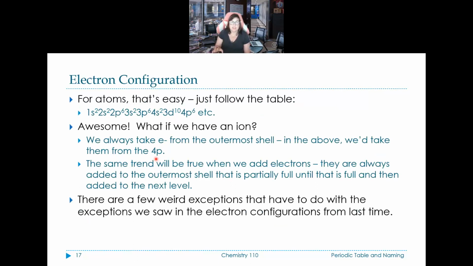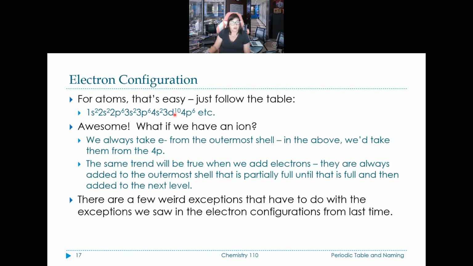That's awesome. For atoms, that's easy. Okay, but what happens if I have an ion? I have an ion, that's a charged particle. It's either going to have gained electrons or lost them. We always take those electrons from the outermost shell. So we take them from the valence, the biggest energy shell that I have.